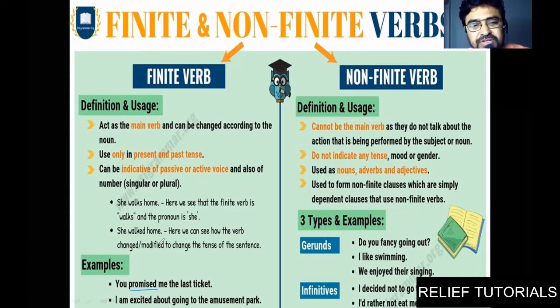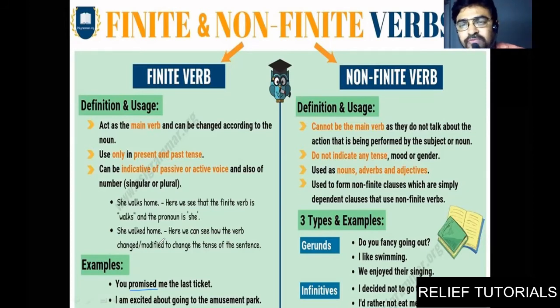Again, if you consider the verb without any auxiliary verb, if I say "child likes milk," then it is "children like milk." So this form gets varied according to the number of the noun, singular or plural. This is how a finite verb works.